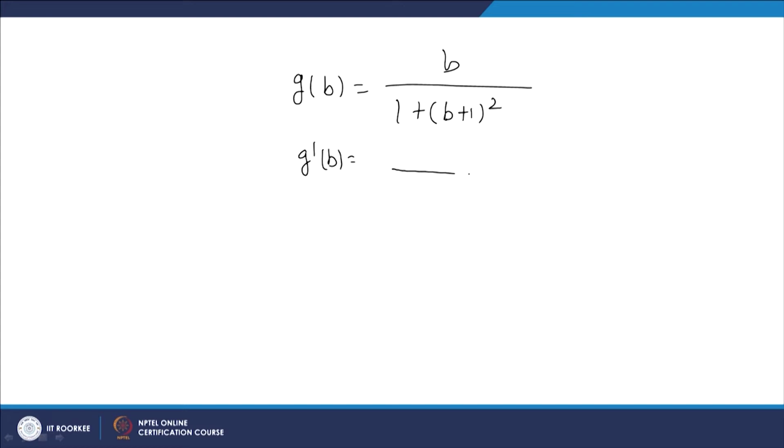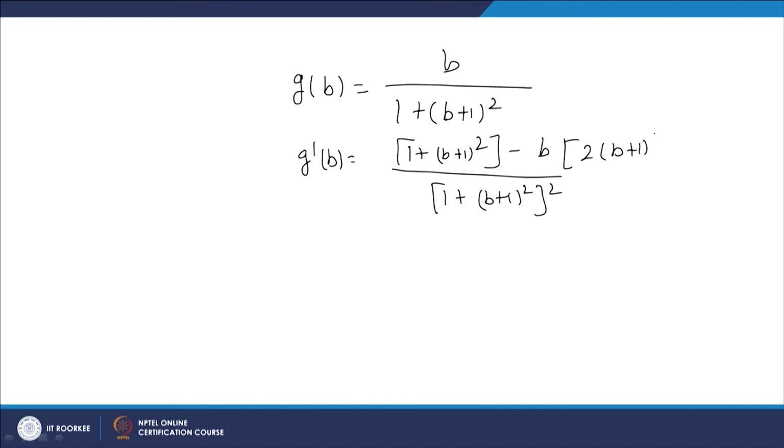So, how to find g dash b? It is (1 plus b plus 1) whole square, and here we will get minus b times the differentiation of this, that is 2 times (b plus 1), right.